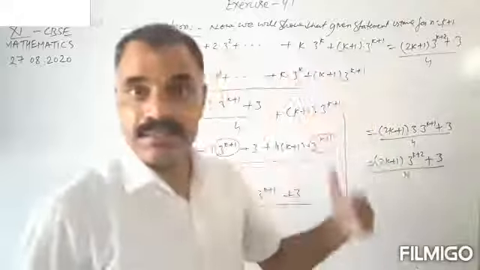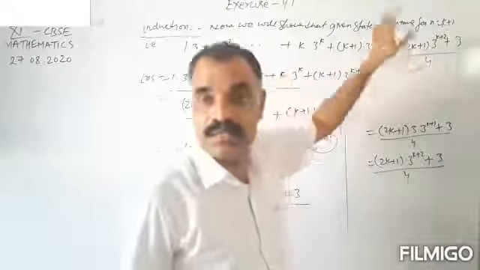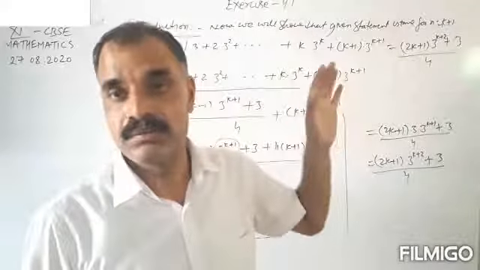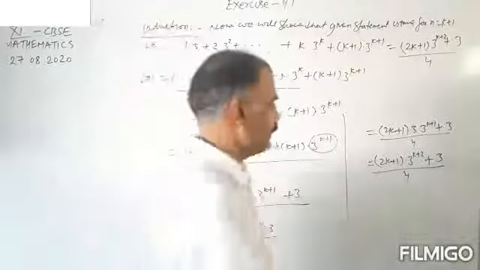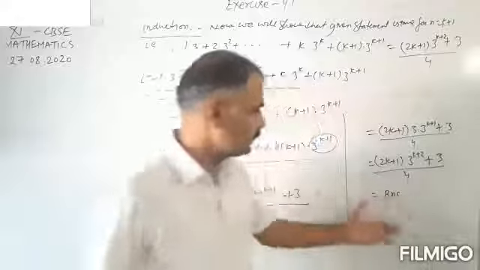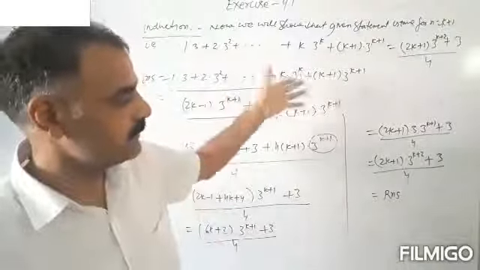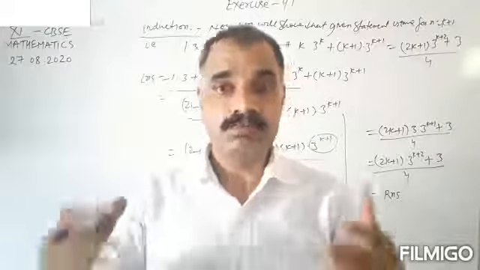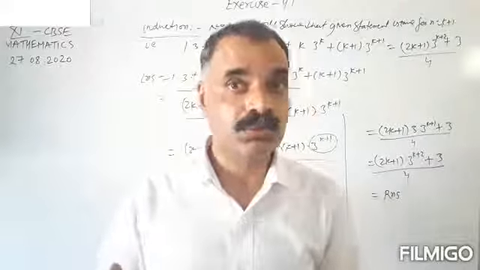Okay, and this is the right hand side of the induction step. It means left hand side is equals to right hand side. So this one is the induction step. It means we have proved that the given statement is also true for n equals k plus 1.